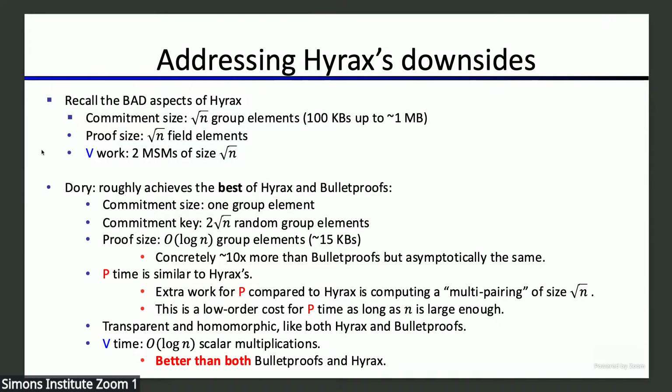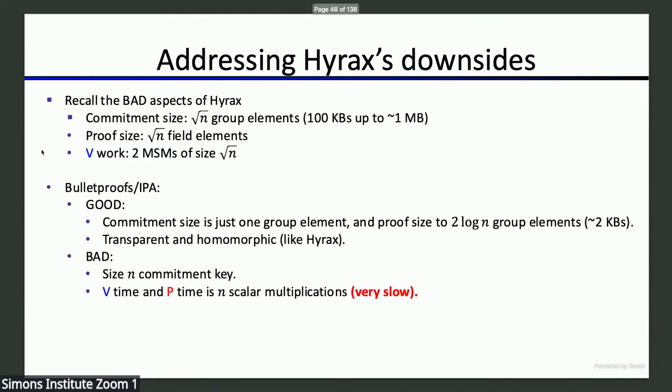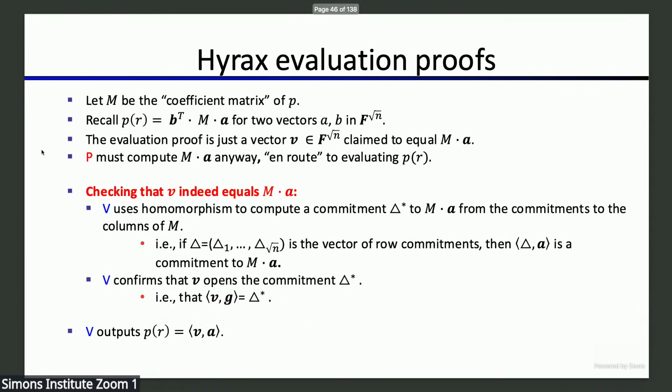Hyrax, it basically just evaluates the polynomial. So it does m times a. This is the coefficient matrix, just the coefficients of the polynomial arranged as a matrix. And a is like the first root n powers of r. So it's like linear field work, but more than that, the way the prover would naturally go about evaluating the polynomial is to compute the powers of r, and then start taking the products.